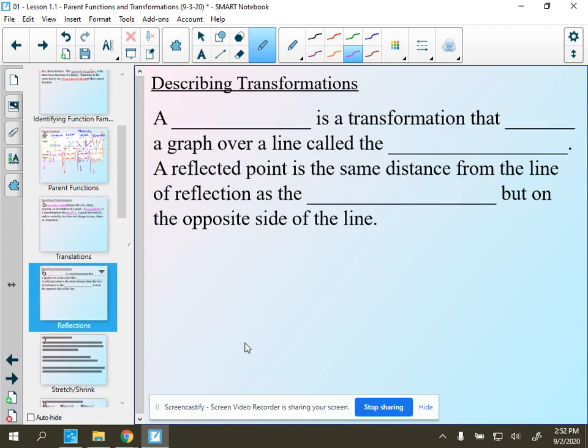A reflection is a transformation that essentially flips. Hopefully we're comfortable with that idea of reflecting something. It reflects a graph, in this case, over a line called, go figure, the line of reflection.